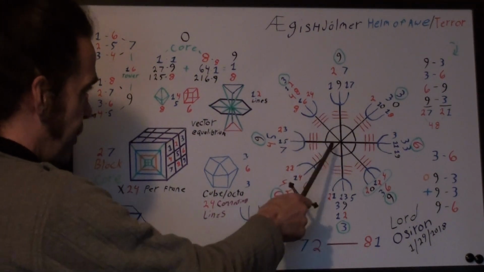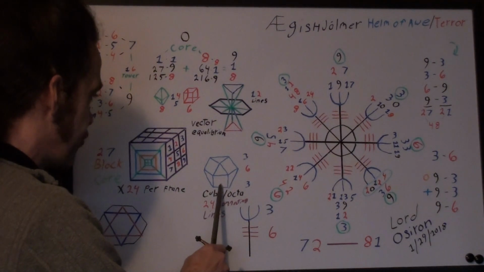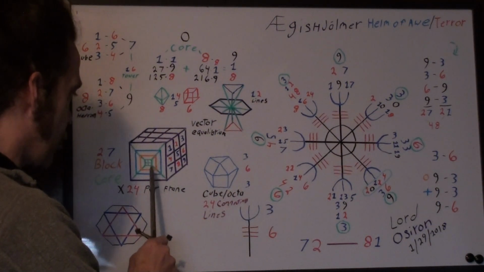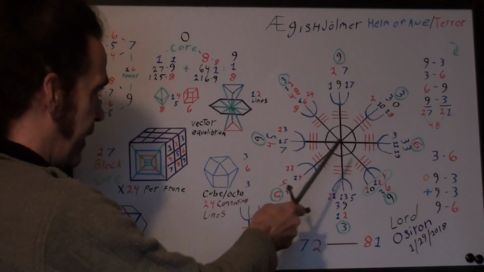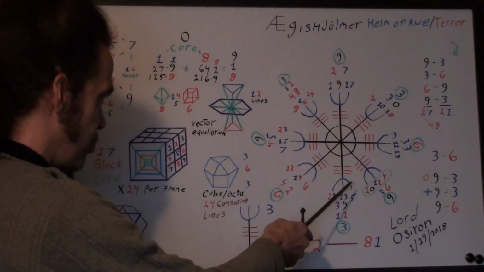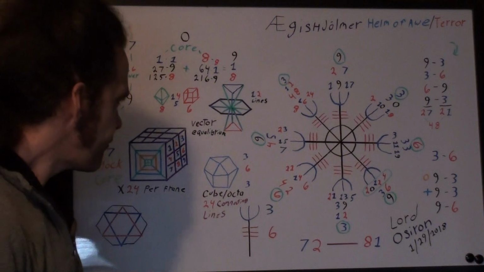So we're seeing the connection with this and the 24 runes. We've got 24 connecting lines in the cubeoctahedron, and the cube frame grows by 24 blocks per frame. So we're seeing an important link with the number 8, the 24 runes, and the cube and the cubeoctahedron.